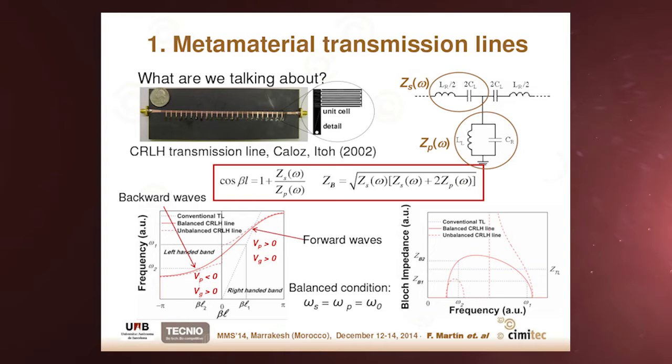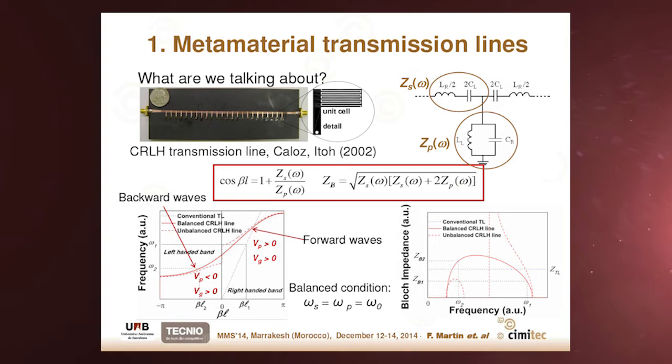Okay, so the key point here is that this structure does not present a conventional dispersion, but it presents a dispersion of this type shown here, where you have a band where the phase velocity and the group velocity are antiparallel, okay? So that wave propagation here is backward or left-handed, and a band where the phase velocity and the group velocity are parallel, and where the wave propagation is forward or right-handed.